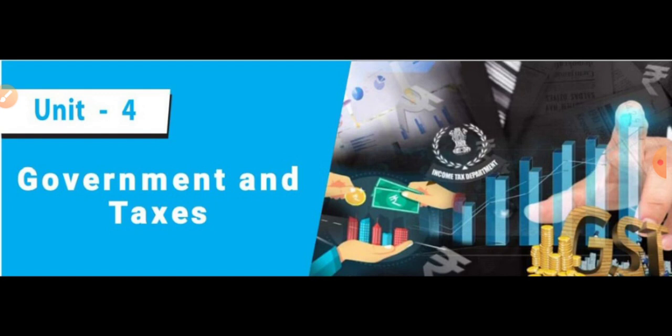Students, in the beginning of this class, we can recollect a few important points from the previous class portion. First of all, we learned about tax. What is tax? Tax is a compulsory financial charge levied on one's annual income, paid directly to the government.